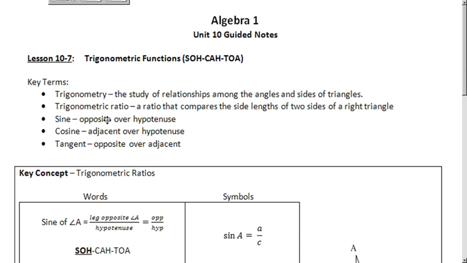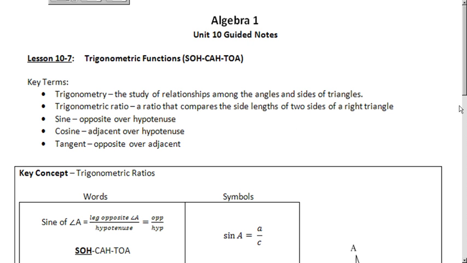Remember when we did the Pythagorean theorem, we drew an arrow from our right angle to our hypotenuse. Adjacent means next to or neighboring. Tangent is opposite over adjacent as well, and we'll talk about the equations and how to set these up to determine side lengths of right triangles.